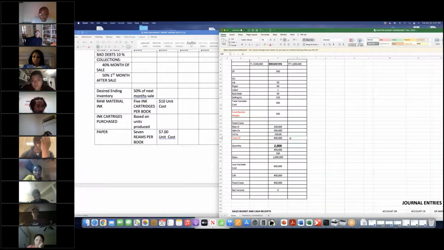Right here, this number becomes $1.4 million. We just simply add whatever profit we want to the fixed cost. So what's this quantity gonna be? 7,000. Yes.